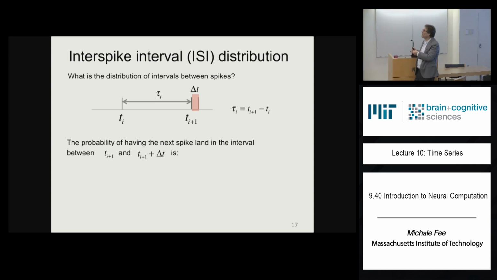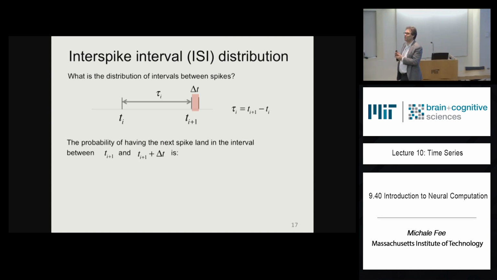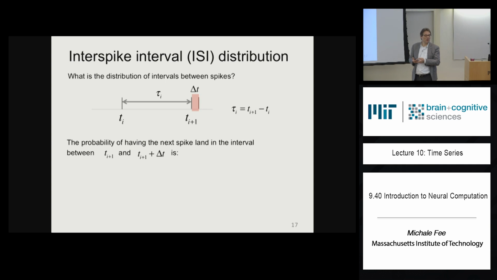So what's the probability of having no spike in that interval tau? Okay, what distribution can we use to calculate that probability?